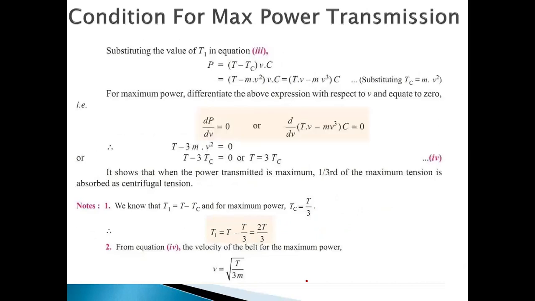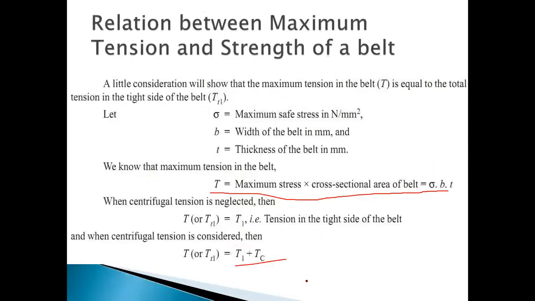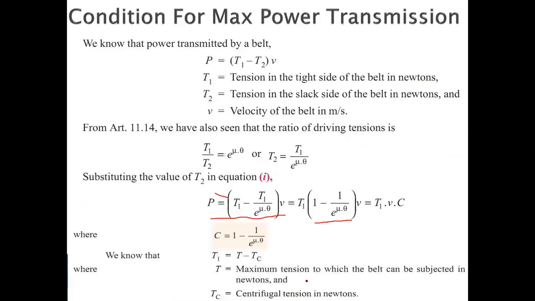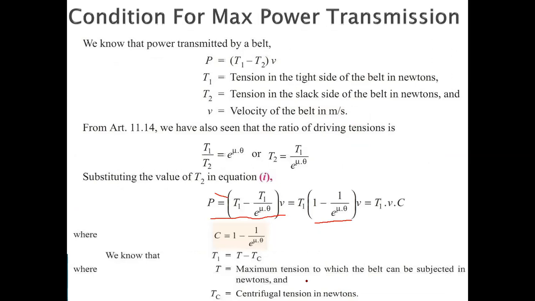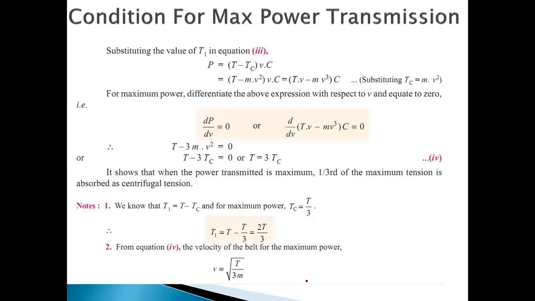So P is equal to T minus Tc into V into C. Here we substitute the value of T1, which is T minus Tc.